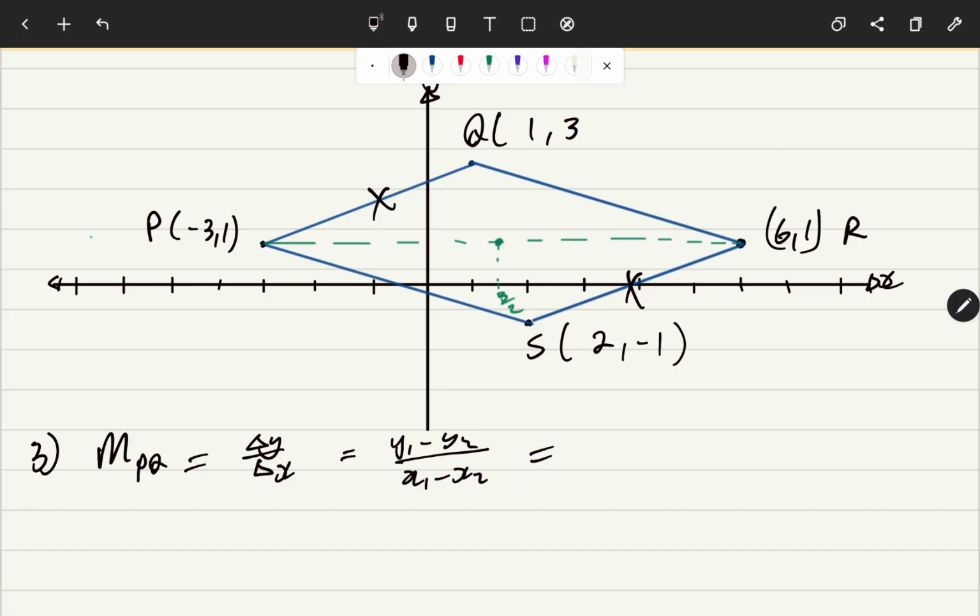Now substituting the values, P being 1, so 1 minus 3 over 1 minus 3, and that's minus 4 over minus 2, that's going to be 2, right?